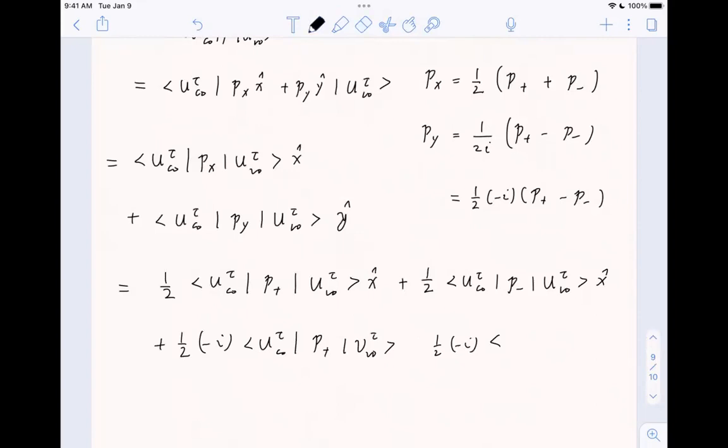This minus sign is actually important, let me highlight it.